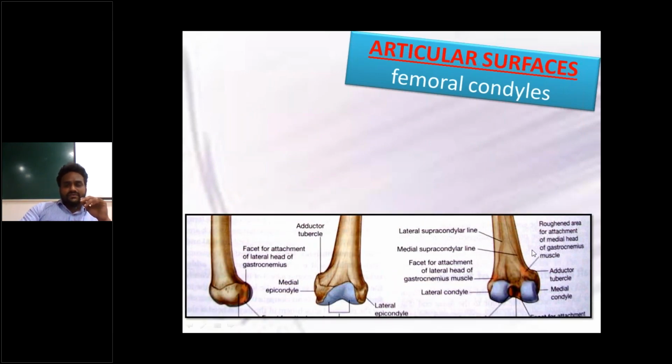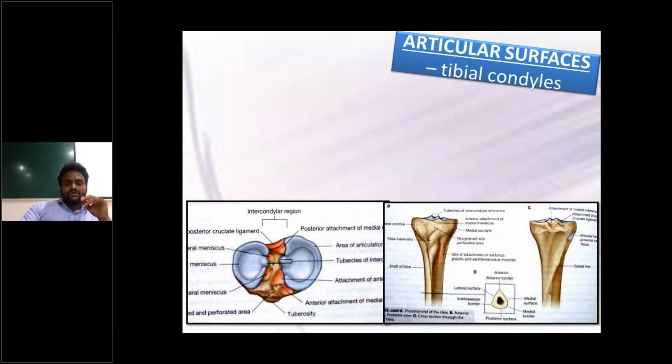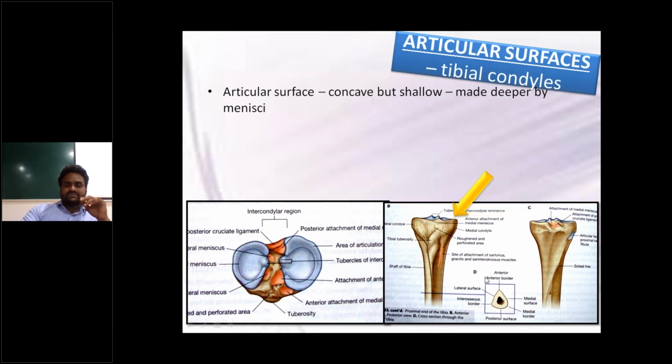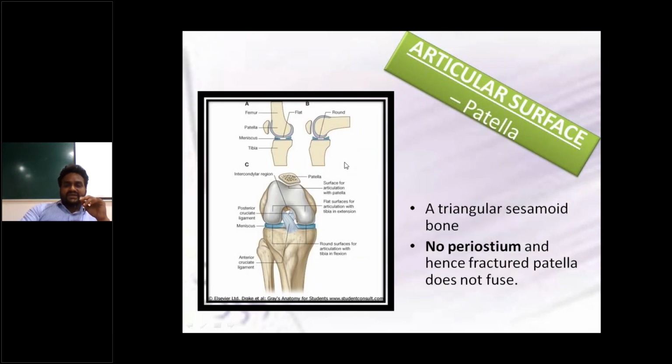And articular surfaces are 3: the medial and lateral condyles of the femur above, the 2 condyles of the tibia below, and in front, the patella. So these three are the articular surfaces of the knee joint.